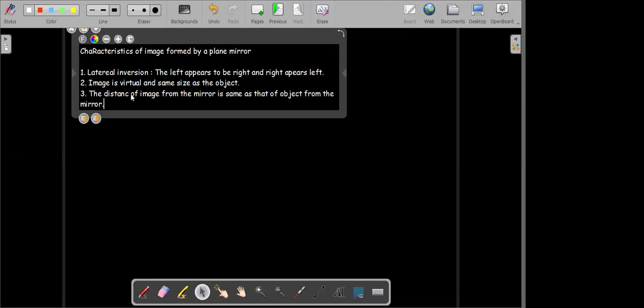So you can say that the object distance and the image distance are the same.